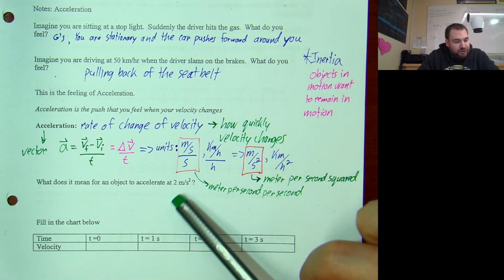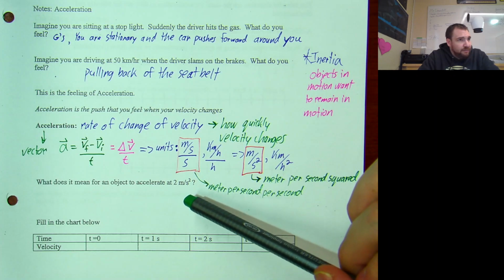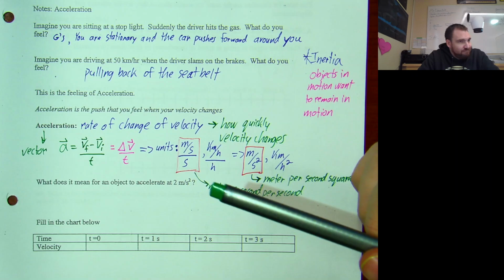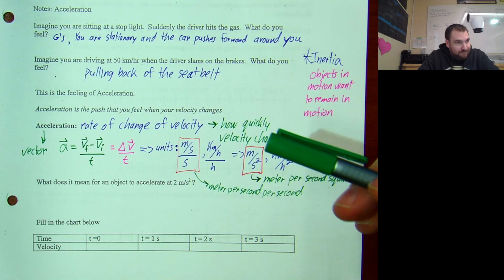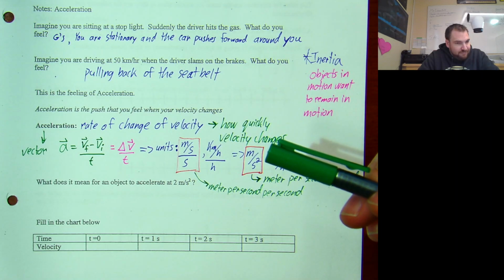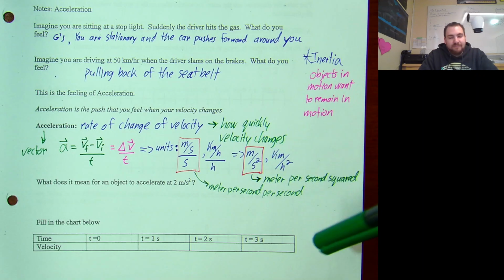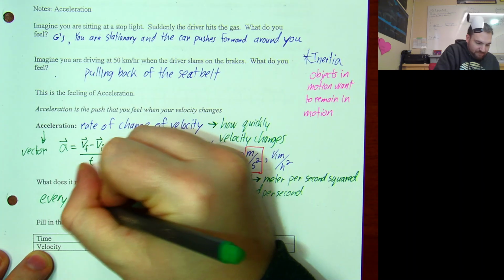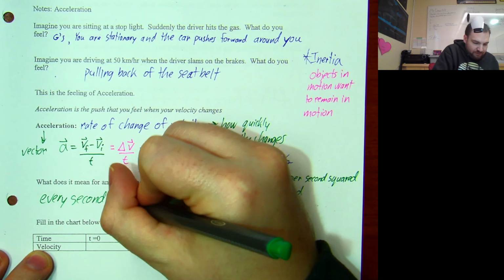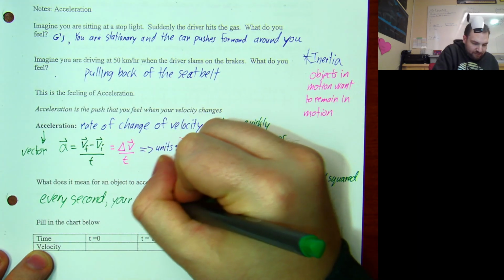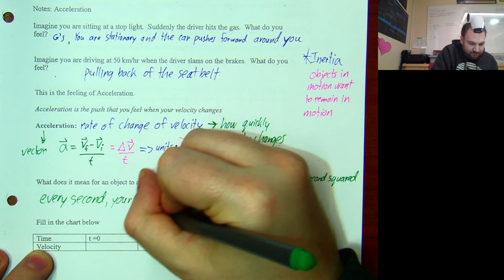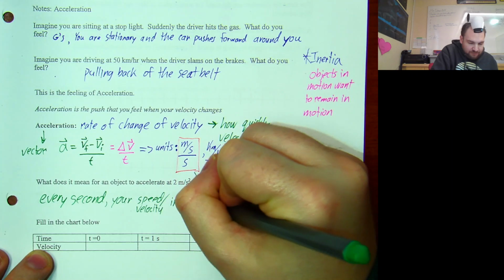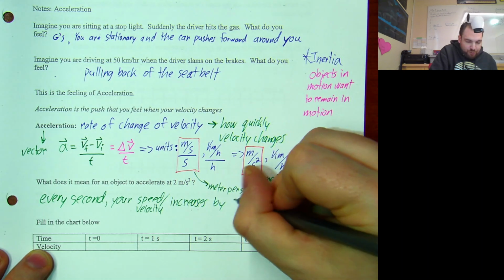So if I'm accelerating at 2 meters per second, does it help at all, Connor? I think I might be onto it. So it would almost be like your speed increases through the next second. There it is. Every second, your speed, or in this case, velocity, increases by 2 meters per second.